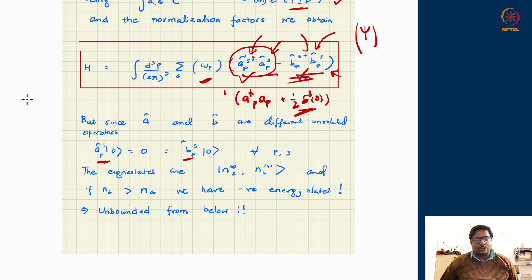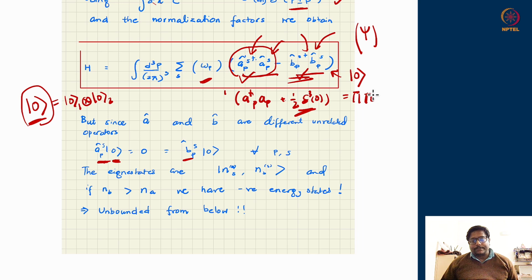So this is like two oscillators. The joint ground state will be the first oscillator's ground state tensor the second oscillator's ground state. And therefore this combined ground state will be annihilated by either of the operators. The same thing is happening here. The true ground state is the ground state of all p's. Remember, in the scalar field part, the ground state was supposed to be the vacuum of all momenta.